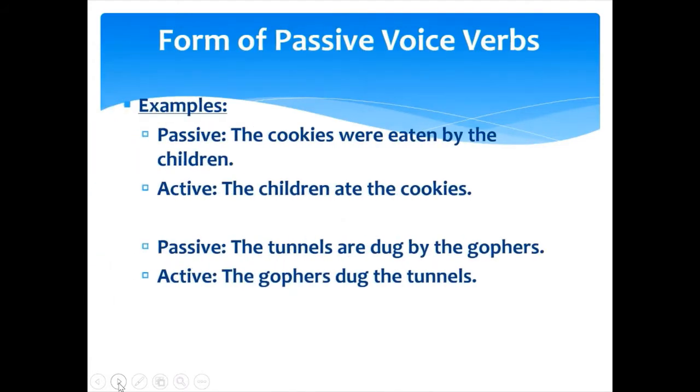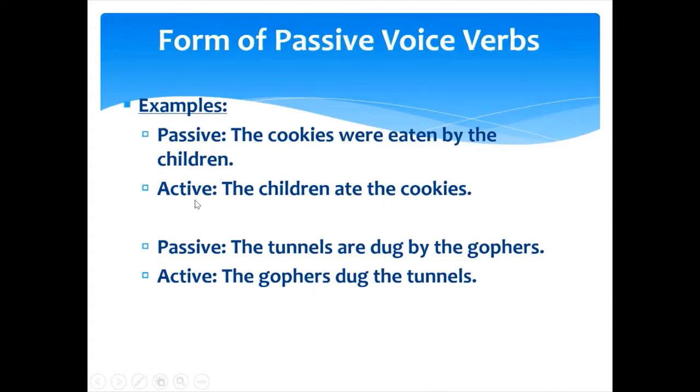Forms of passive voice verbs. Here's an example. Passive: the cookies were eaten by the children. So in the passive form also we are using the past tense. The cookies were eaten. That means it's already done. I mean the action is already finished.